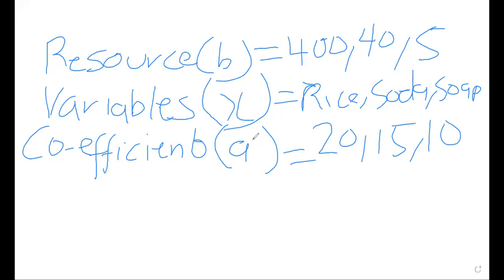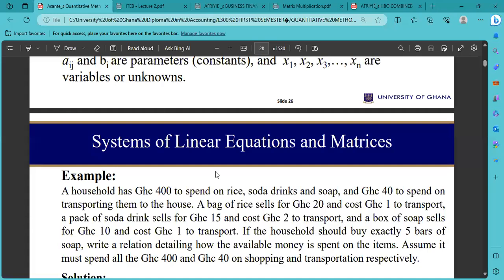And then we also have 1, 2, 1, which is for the transportation. 1, 2, 1. All right.